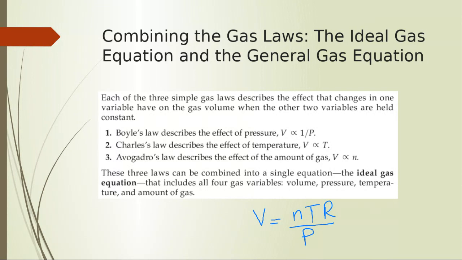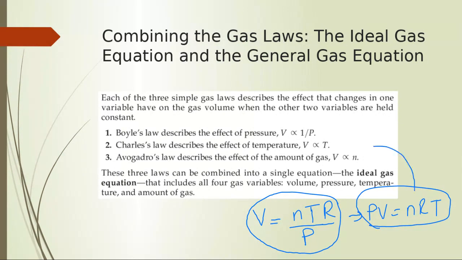So if we want to write the ideal gas equation, it will be PV = nRT. That formula comes from combining these laws.